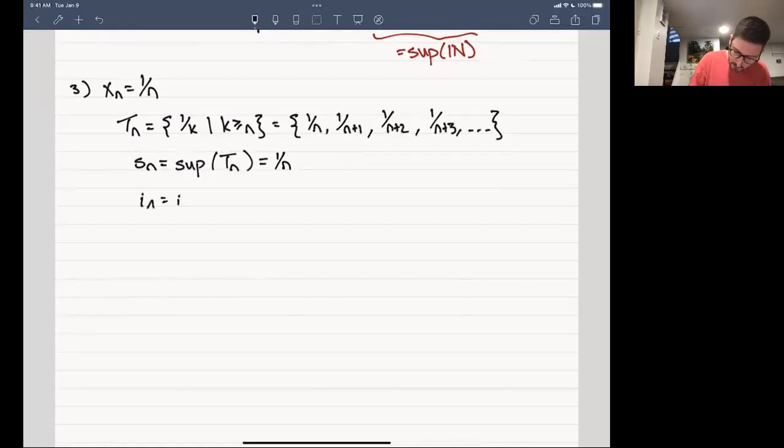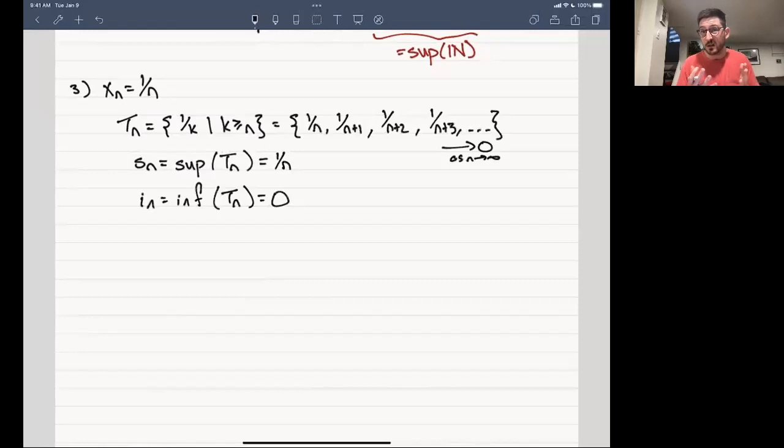Similarly with I_n, you get the infimum of this. Well, it's going to take a little bit more work, but you can show that the infimum here is 0. This comes from the fact that you are converging to 0. So this thing is going to 0 as n goes to infinity. And so what you find here is that you can very easily prove that the infimum has to be 0, because if it's something bigger than 0, then you can always find a 1 over n with n large enough that's smaller than it, that's closer to 0.